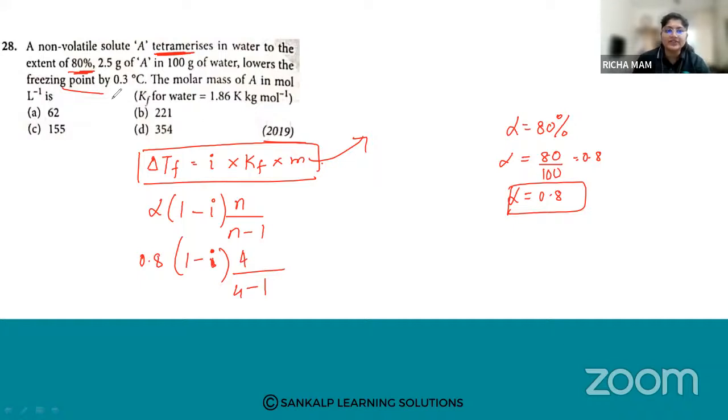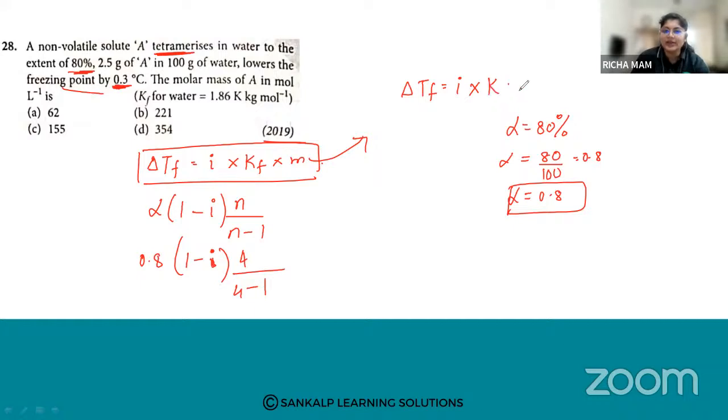Delta TF is given. The freezing point is lowering by 0.3 degree. So delta TF is equal to I into KF into M, right? From this, we are going to find the value of I, the van't Hoff factor.